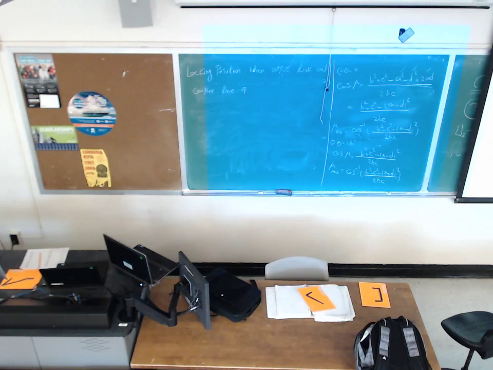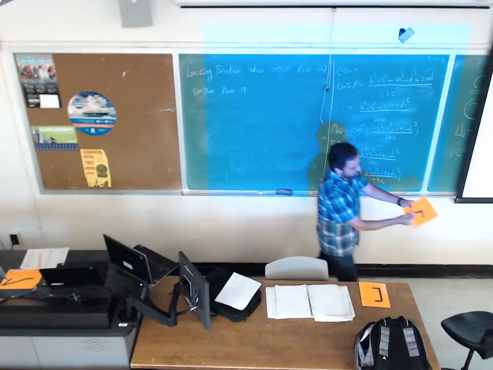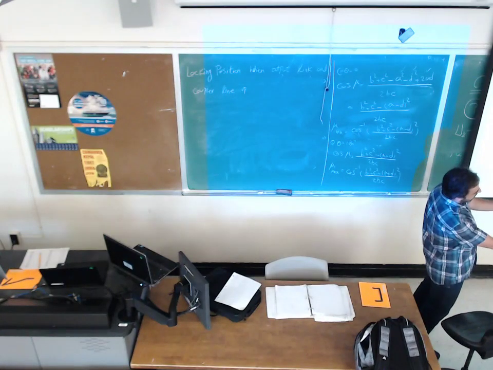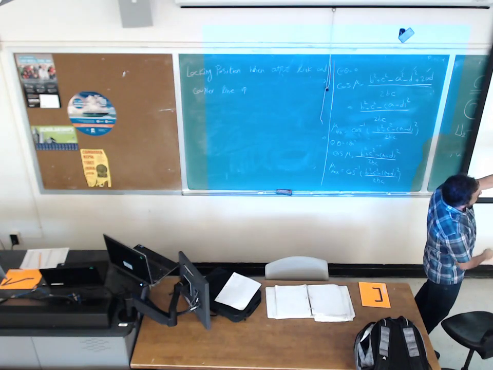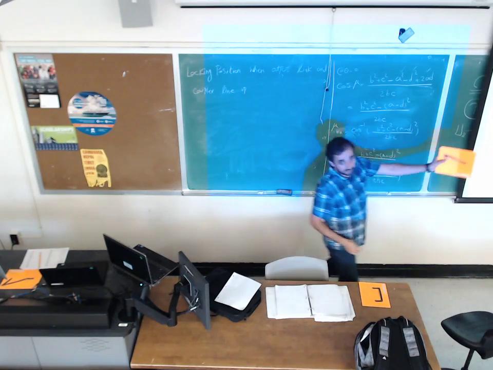Locking position. So you know that when your triple rocker mechanism or non-Grashof mechanism is at this input angle, you are going to have locking position, the output and the coupler in line.